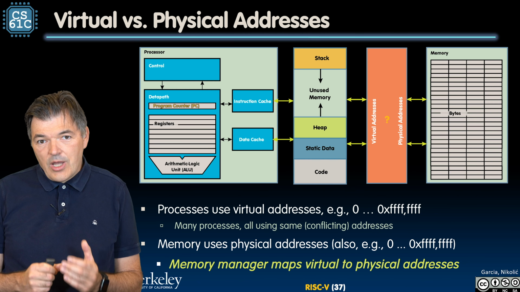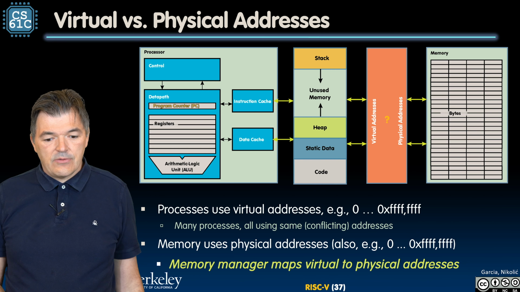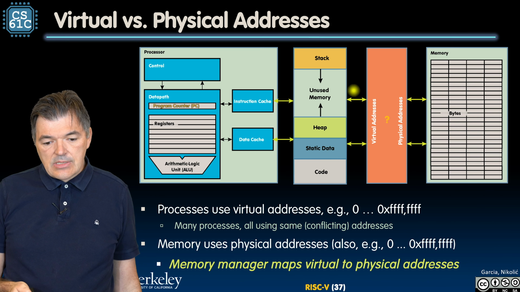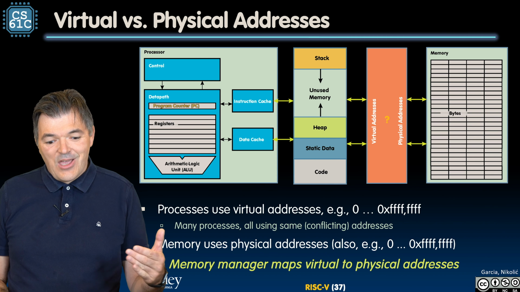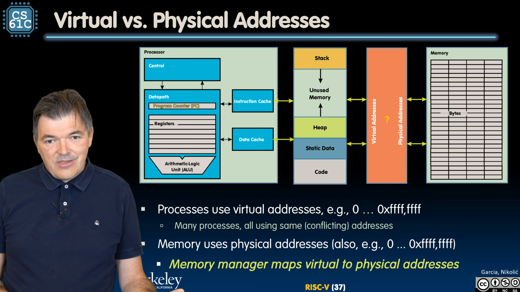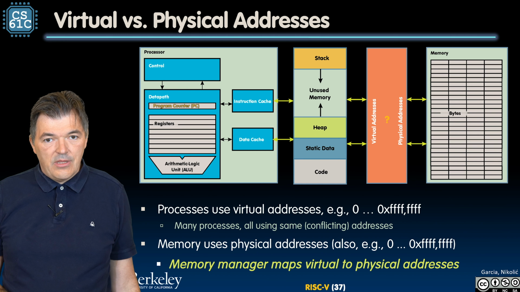We just have to have a way to map these different processes into different parts of a physical memory. So there is this step that the virtual memory system needs to support, which is translation of virtual addresses, which is what the program sees, to physical addresses, which are the physical addresses of things that are in the memory, in the DRAM and the disk.